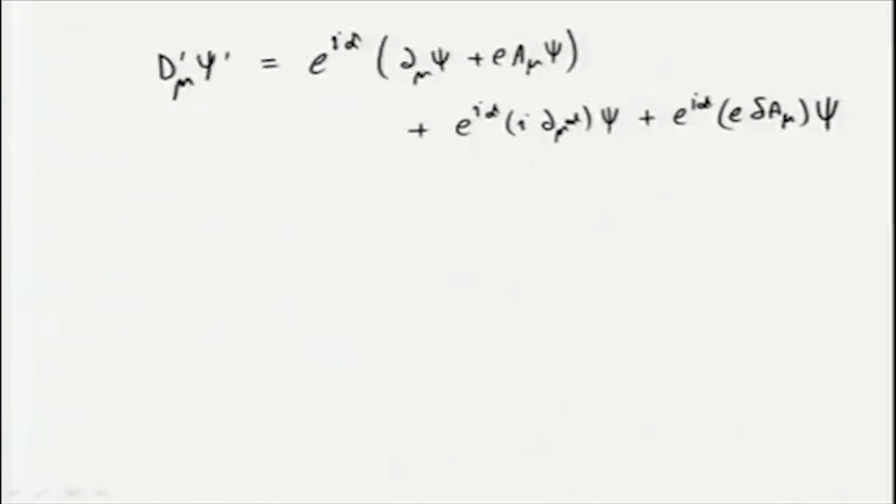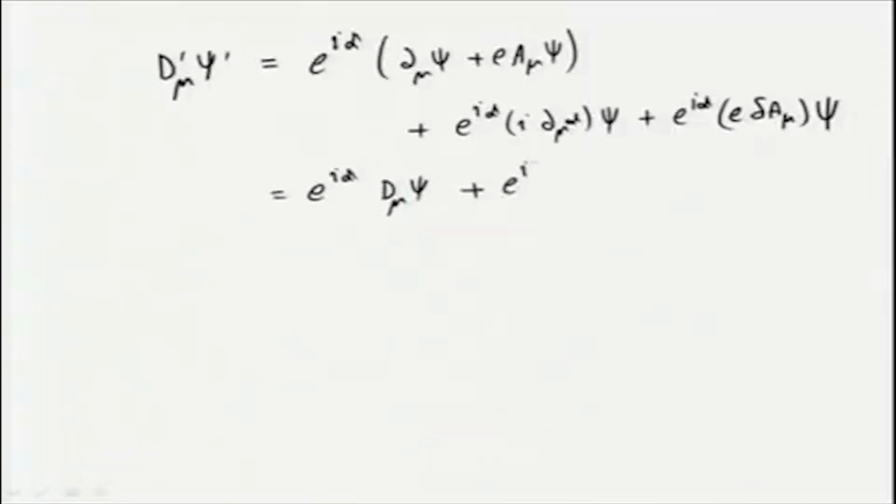The first two terms are essentially D mu psi. Then you have an additional two terms. So, what you have to do is to make these two terms cancel each other. That is all you have to do.